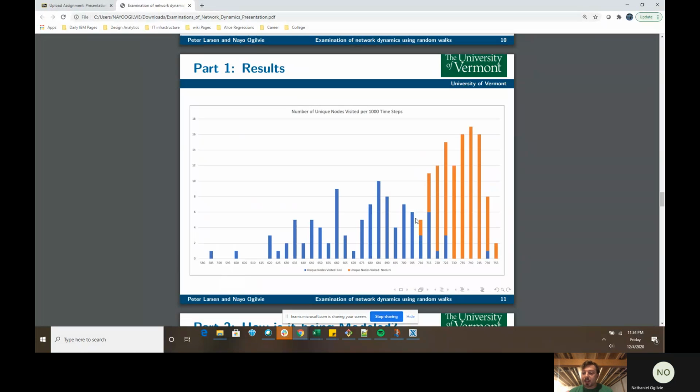So on the screen now is a graphical representation of the 100 runs. The blue represents the number of unique nodes visited for the uni runs, and the orange represents the number of unique nodes visited for the non-uni runs.